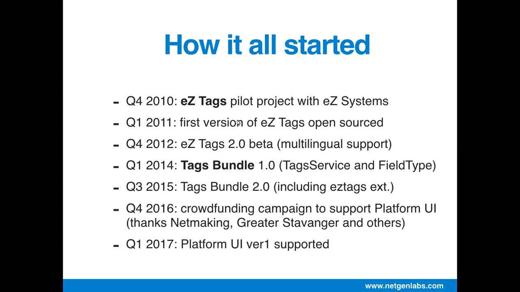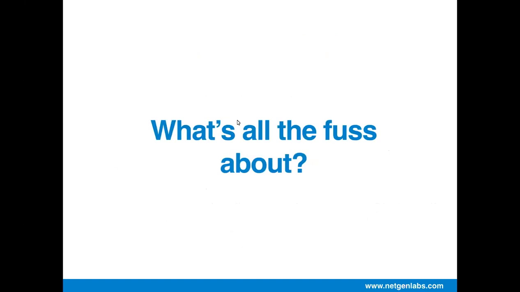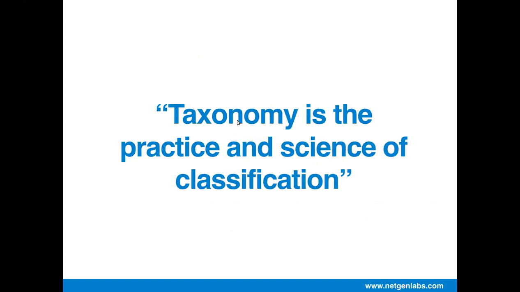It's quite a long history, and eZ Tags is, I think, one of the most, if not the most, popular extensions for eZ Publish in the last 5-6 years. So what's all the fuss about? Just to add a bit of theory, taxonomy is a practice and science of classification.